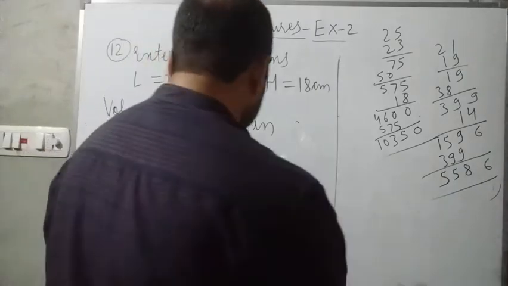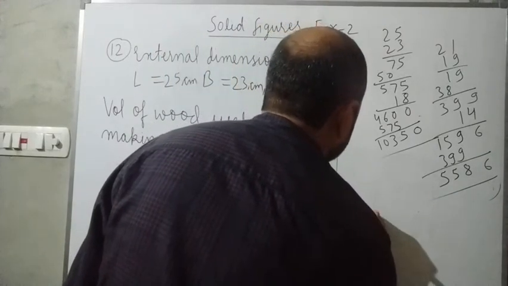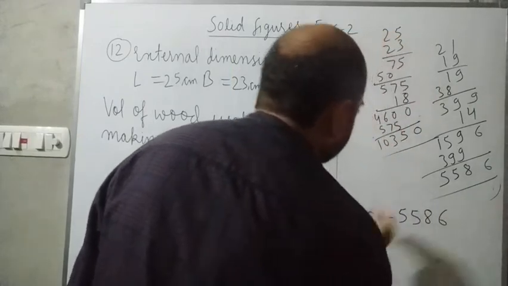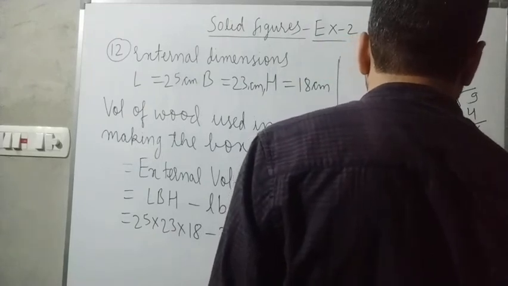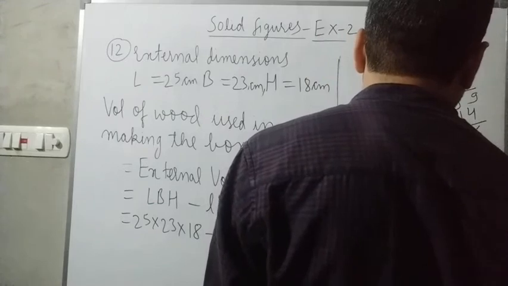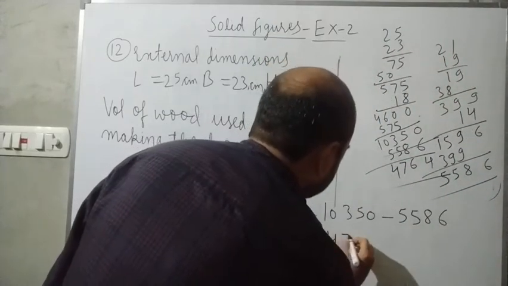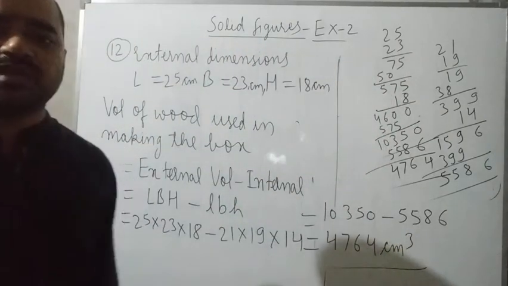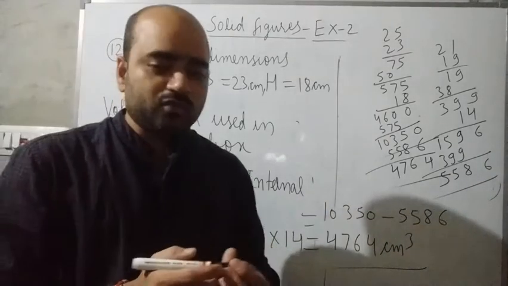So the value is 10,350 minus 5586, which is 4,764 centimeter cube. Calculation part, you can do it. Correct? 4,764 centimeter cube.